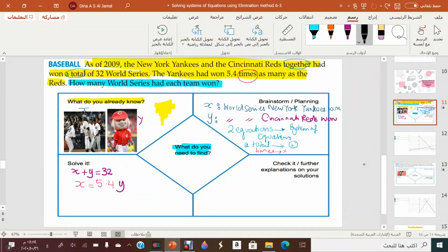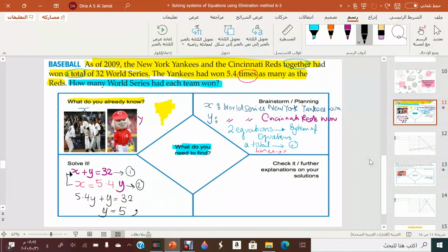It is easy to use the substitution method to put it in equation 1 and solve. So put 2 in 1 and solve. So 5.4y plus y equals 32. After simplification and solving the equation, you will be finding y to be 5.